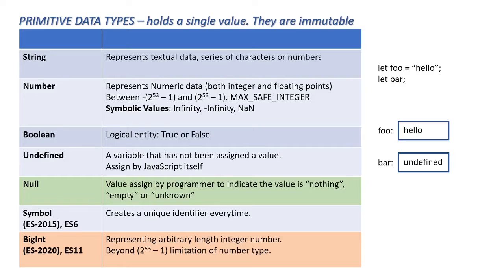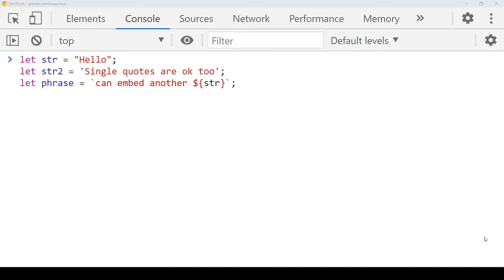So let's begin with the string data type. String data types are those which represent textual data, a series of characters like alphabets, special characters or numbers. In JavaScript, a string can be represented in 3 ways: one is with double quotes, another one is with single quotes, and the third one is with a backtick.